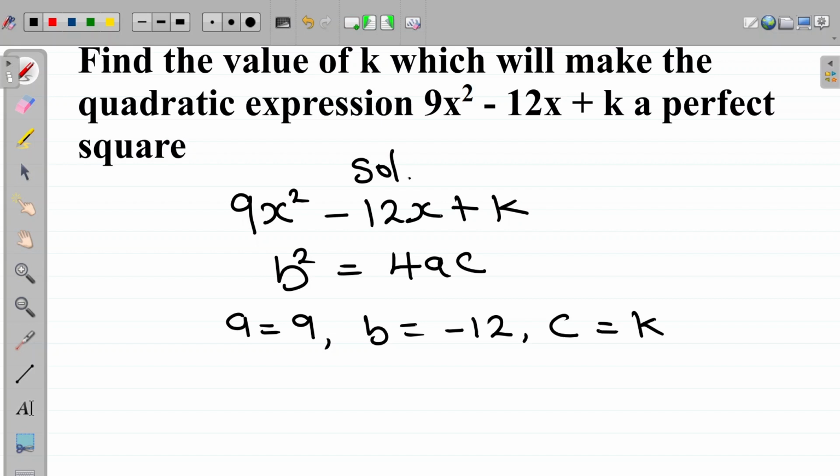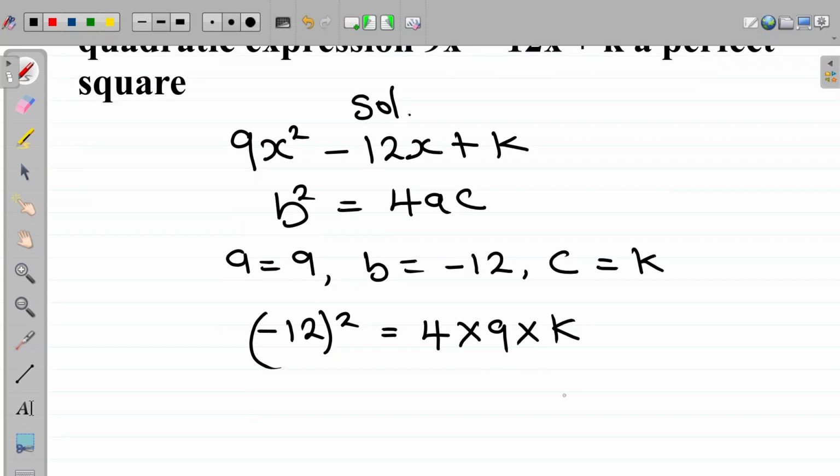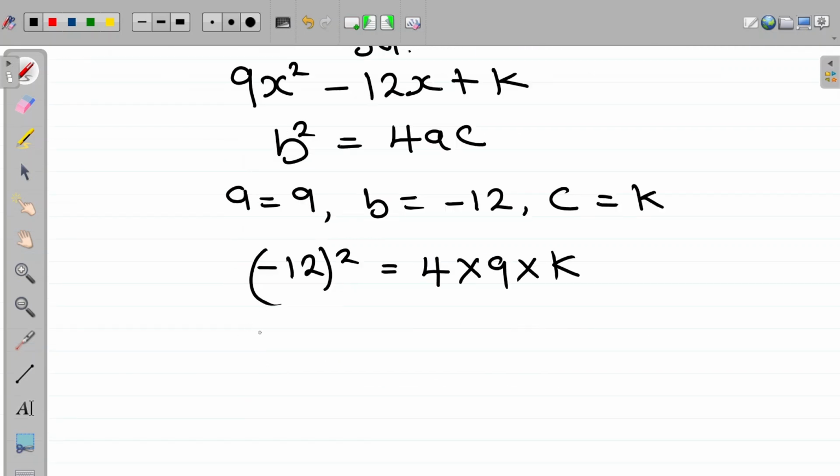Thus, if we substitute our values, we have that minus 12 all squared is equal to 4 times 9 times k. Minus 12 all squared is 144, equal to 4 times 9, which is 36, times k.